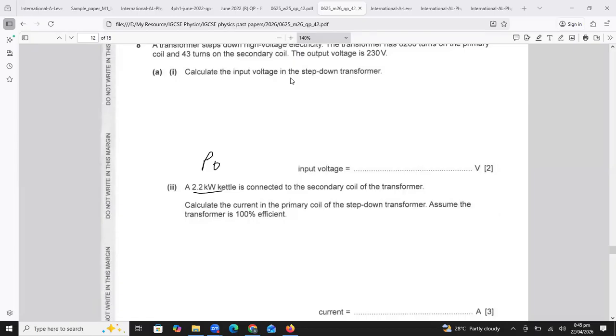Now they are saying calculate the current in the primary coil of the step down transformer. Assume that the transformer is 100% efficient. देखिए बेटा, what does it mean by 100% efficient? 100% efficient means there is no loss of power in the transformer. This is an ideal transformer.